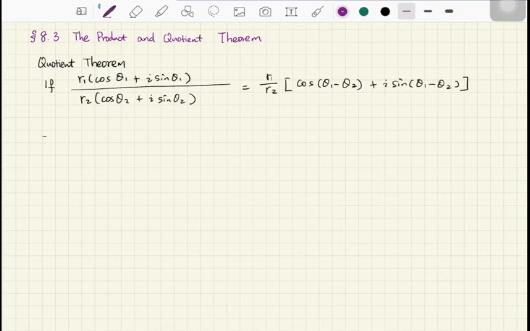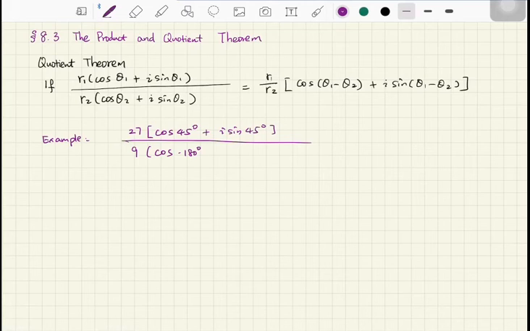So we can look at one example using the quotient theorem. I want to divide 27 times cosine of 45 plus i sine of 45 by 9 cosine of negative 180 plus i sine of negative 180.